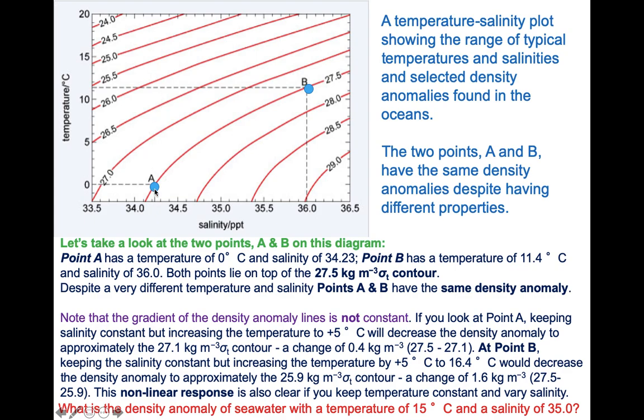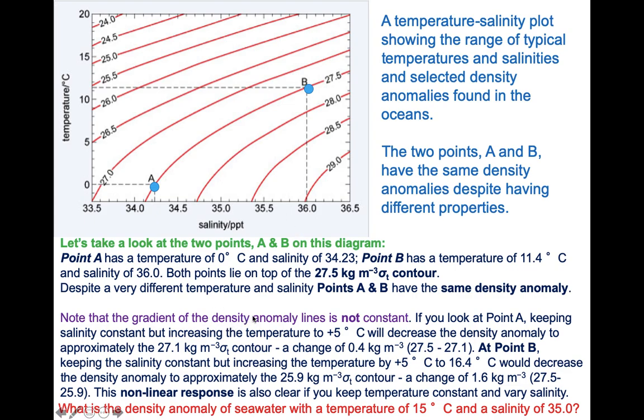For example, point A, with the temperature and salinity characteristics as we talked about a few minutes ago. If you increase the temperature by as much as 5 degrees Celsius, so you're going to take this water higher up by 5 degrees Celsius, you will see that the density of this water is going to be decreasing as you raise the temperature.